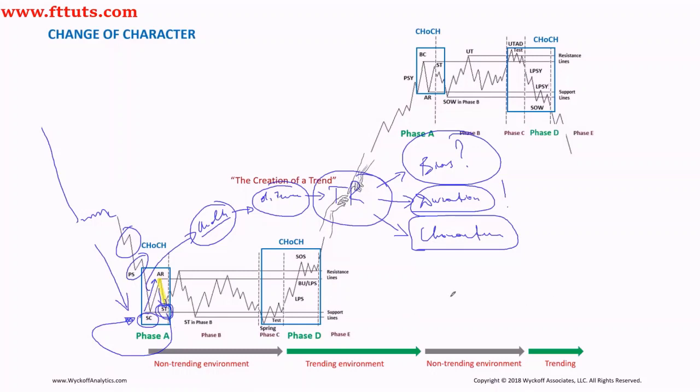And even if we have different secondary tests, we could have a secondary test that is going to be, like shown here on the schematic, a higher low. We could also have a test that is going to be a lower low.